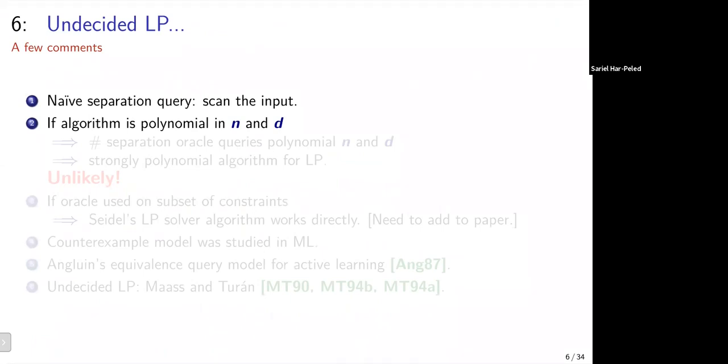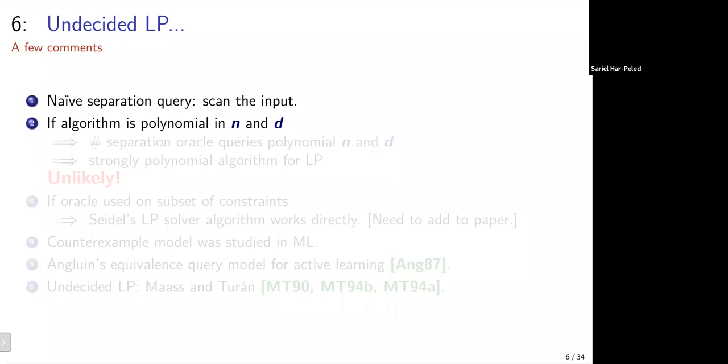Okay, so the naive implementation of the separation oracle is, of course, just scan the input, right? If you think about the LP explicitly, the constraints are given to me explicitly, I could scan the input if this is the situation. And the reason I mention this is for the case where the LP is not an undecided LP, it's a regular LP, right?